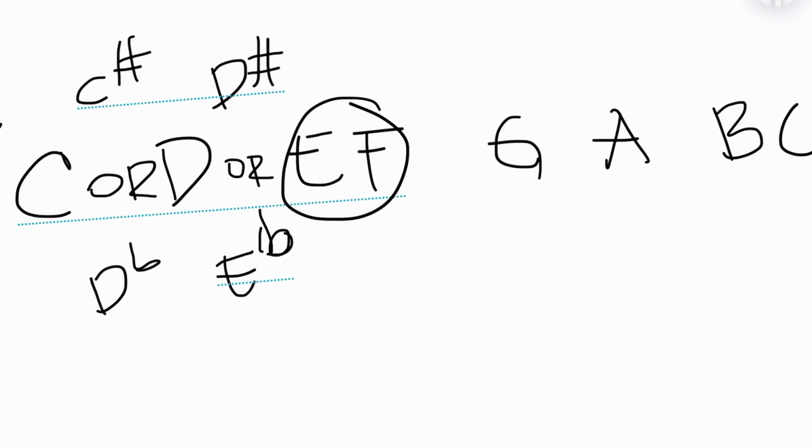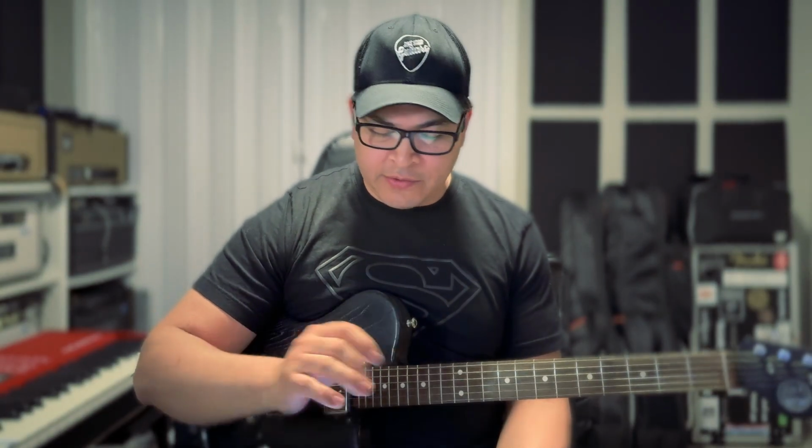Why? Because we don't have sharps and flats. Yes, we do and we don't. But for now, let's say we don't have sharps and flats. Later, maybe we're going to find out when we're going to have an E sharp or a flat, but for this time I'm just going to leave it like that.